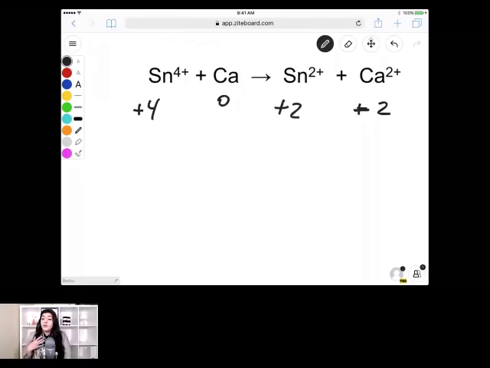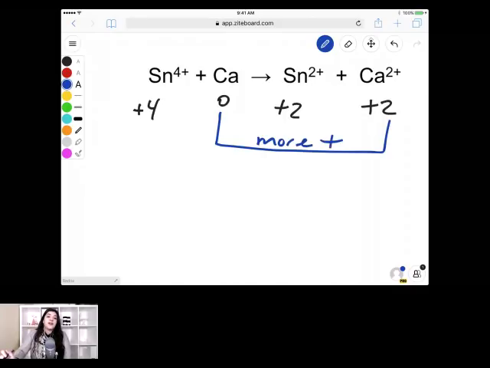And then we'll see what happened. So let's see what's being oxidized and what's being reduced. We went from a 0 to a 2+, or +2. That is becoming more positive. So because this is becoming more positive, we are losing negative people, or losing electrons. So that is oxidation.